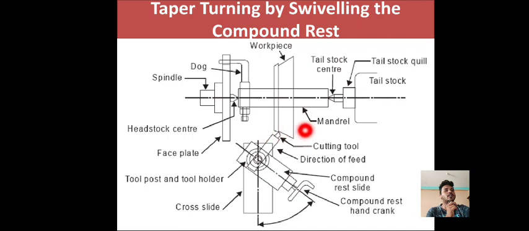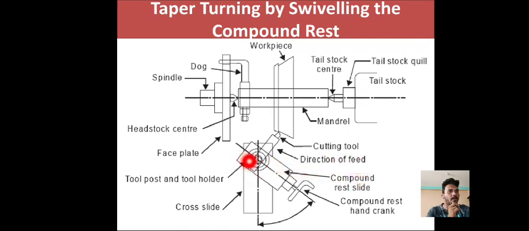Now normally the tool will be in the perpendicular or parallel direction. You can observe here the tool post, this is the entire tool post and the tool holder, this is the cross slide, and you can see the compound rest.